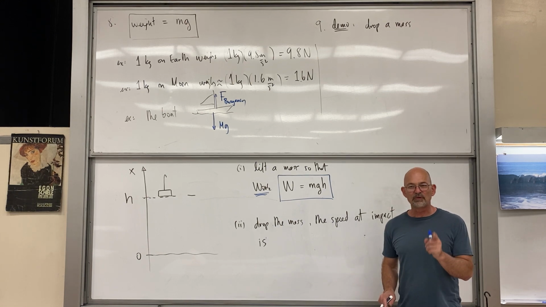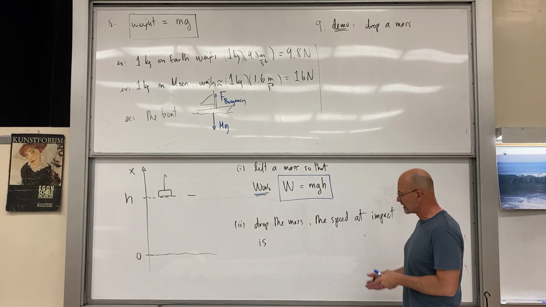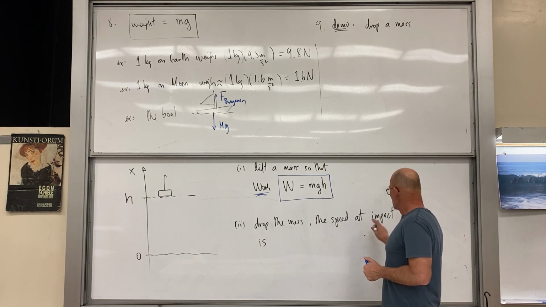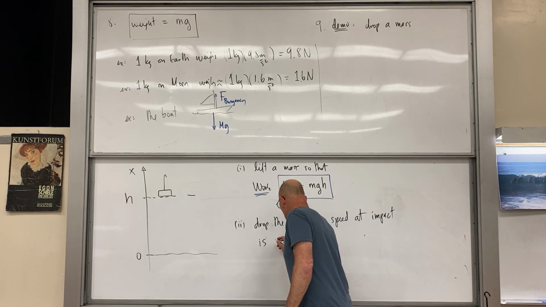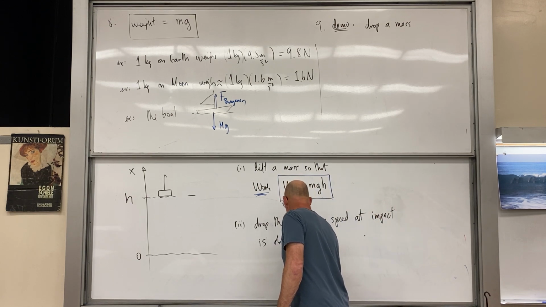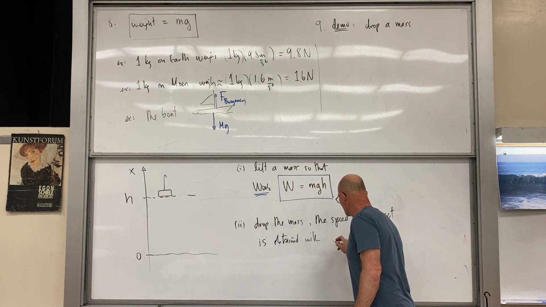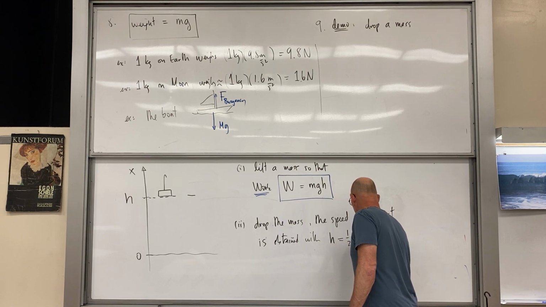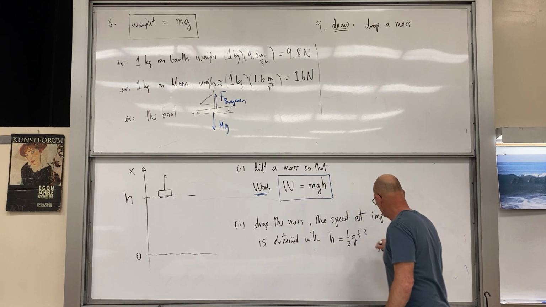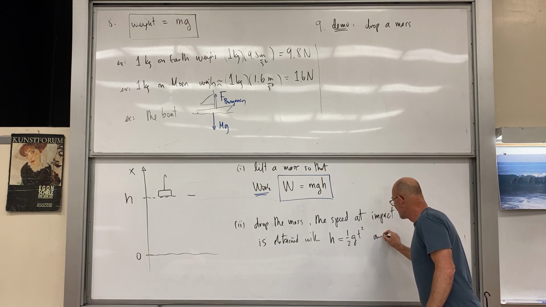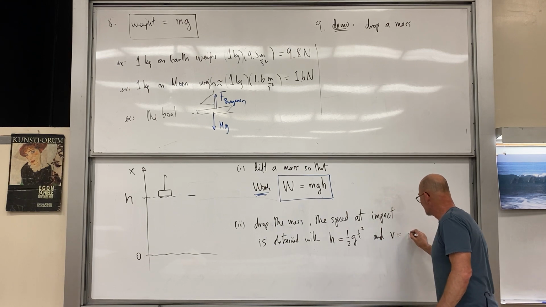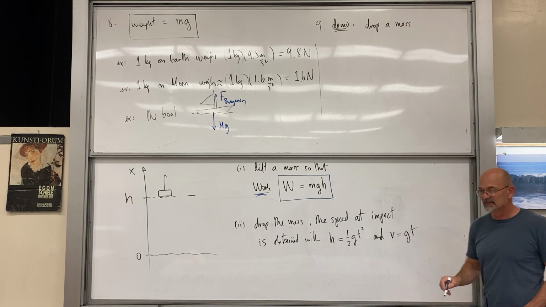I had the answer before, but we haven't talked about it for a little bit. So the speed at impact is obtained with h is 1/2 gt squared. So the law of free fall, and v is equal to g times t.